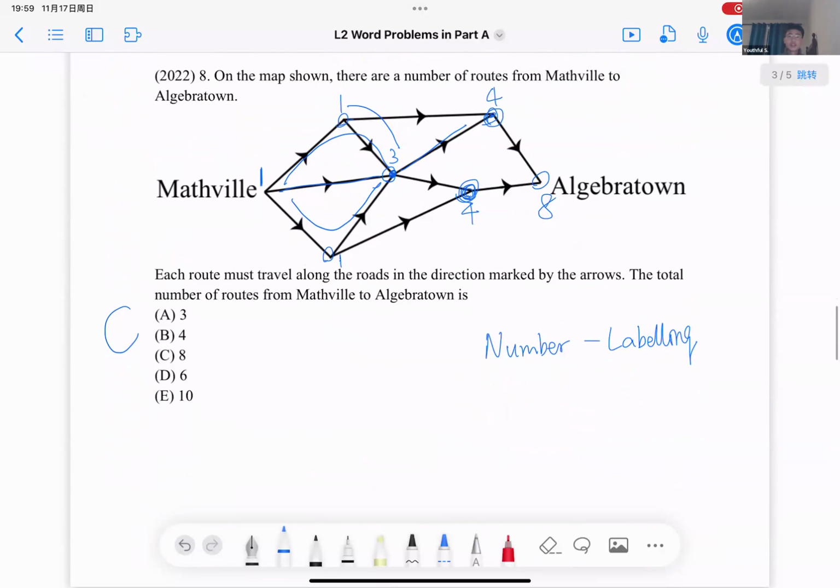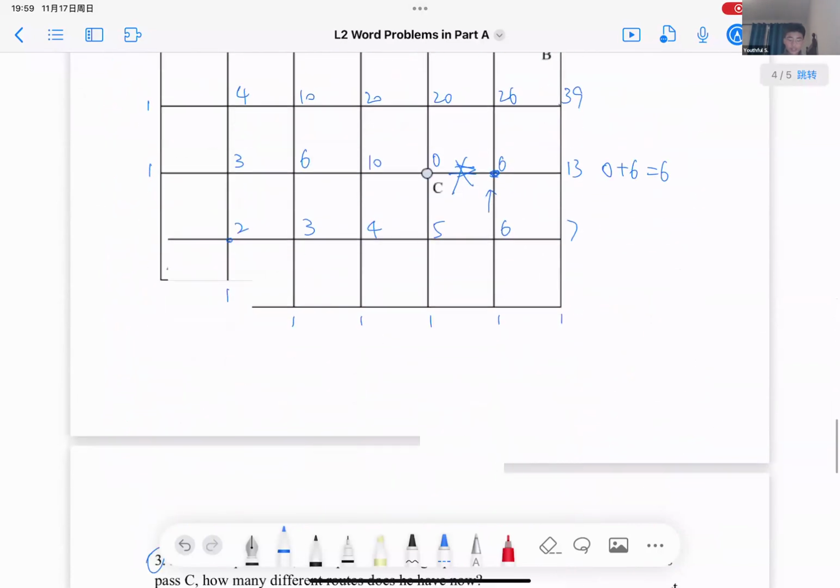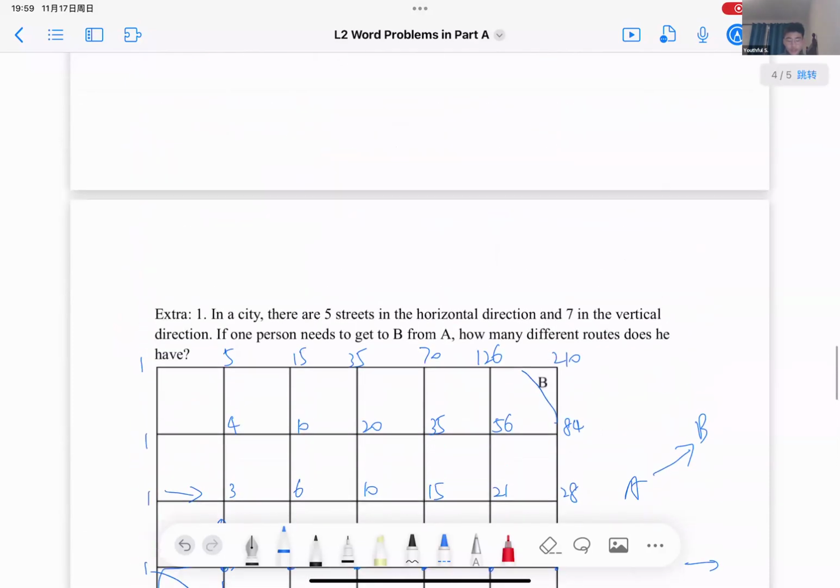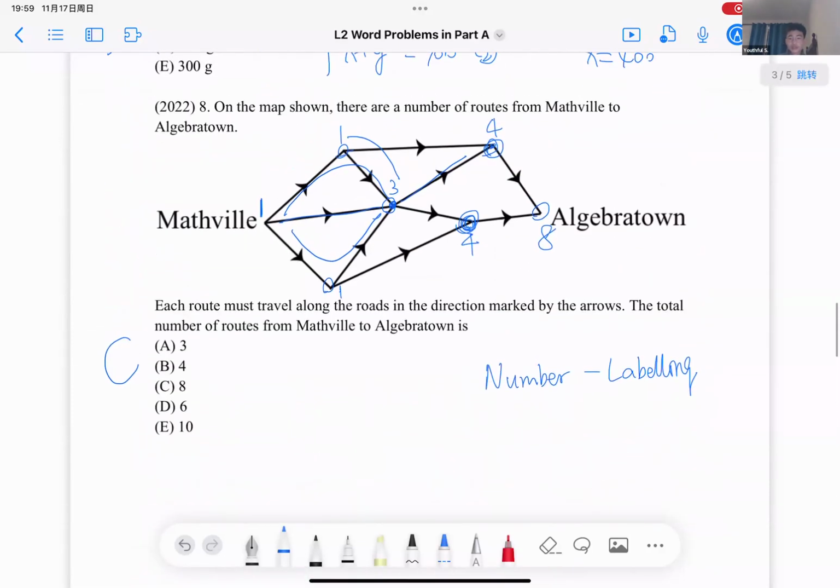Anyways, in the contest, there's not going to be questions like this in part A. I mean, not even in part B. In part C, it's too short for part C. They're basically writing essays for part C questions, literally a whole page. So this is just for you to expand your thinking and to make sure you better learn this number labeling skill and practice it.